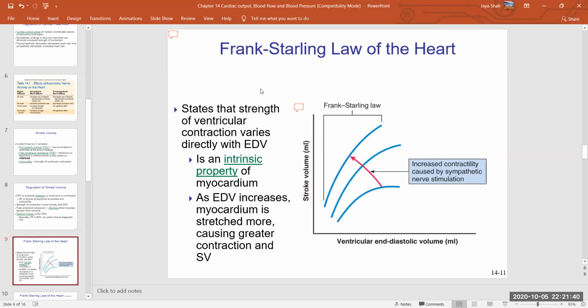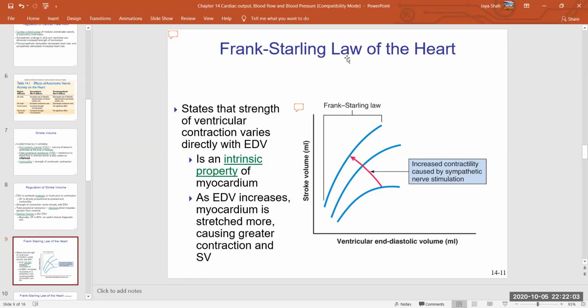Okay, let's talk about Frank-Starling law of the heart. So Starling law of the heart is the relationship of the myocardial contraction with the end-diastolic volume and then stroke volume. Okay, so these two individuals, Frank and Starling, established this function of the heart.